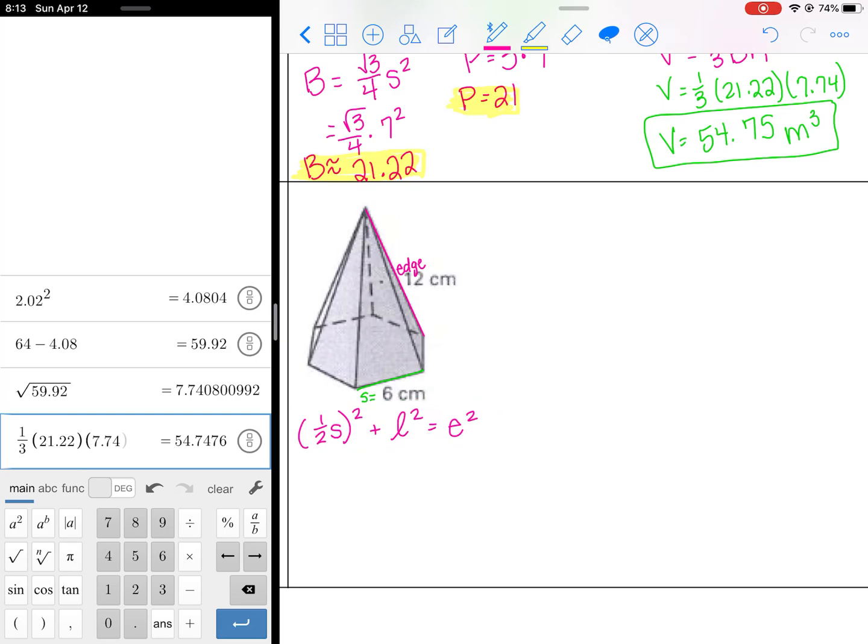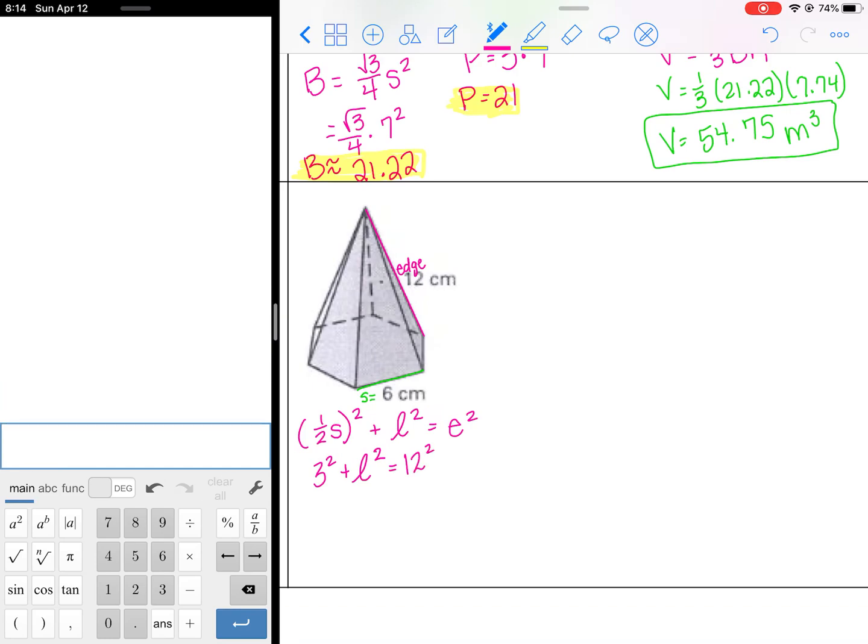So to start plugging in, first I need half the side length. So if the side length is 6, half of that is 3. So I'm going to do 3 squared plus slant height squared is going to equal the edge squared, and the edge was 12.